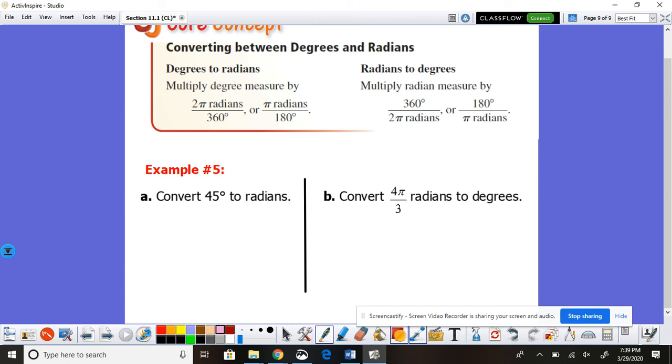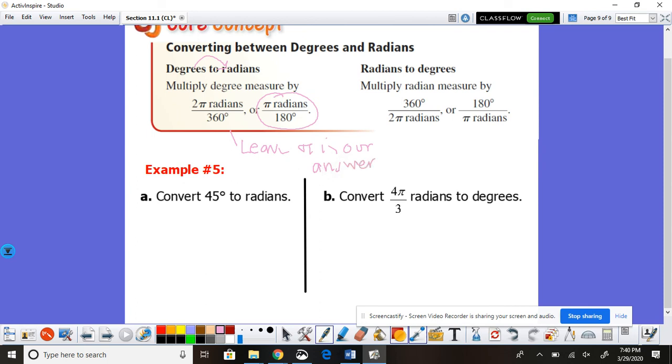All right, so here's converting between degrees and radians. To go from degrees to radians, we're going to multiply it by pi over 180 degrees. And when we do this, we're going to leave pi in our answer.